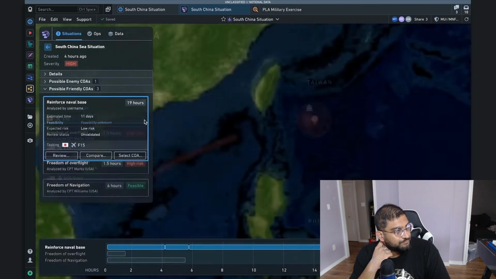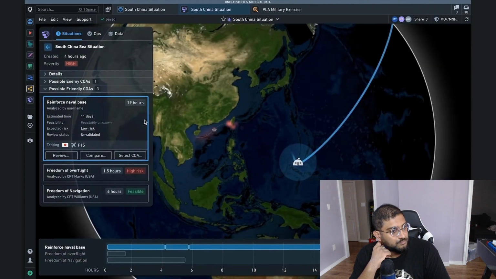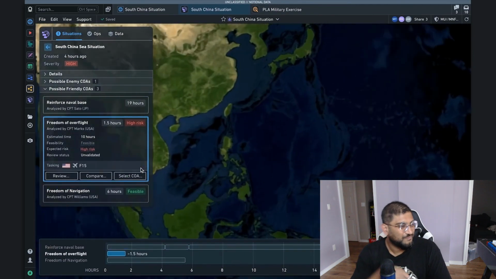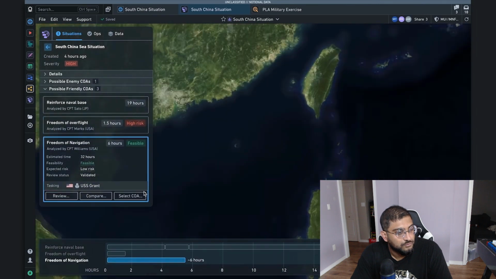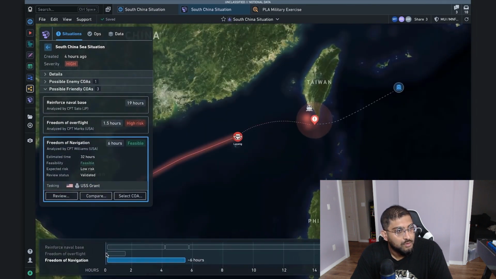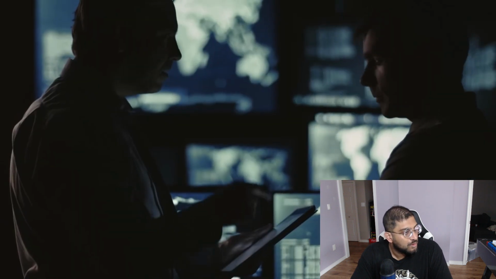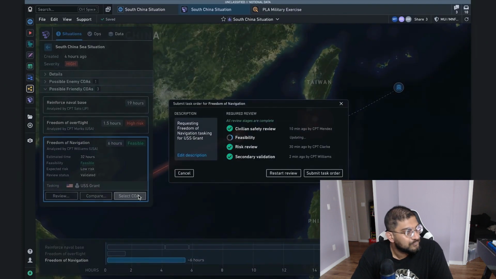The first option involves sending reinforcements to a nearby base, which may take too long. The second option is to send a manned aircraft over the fishing vessels, which could introduce unnecessary risk. The third option is a freedom of navigation operation, which means positioning an American or Allied ship closer to the developing situation. This option appears to have the highest probability of success with the lowest risk.